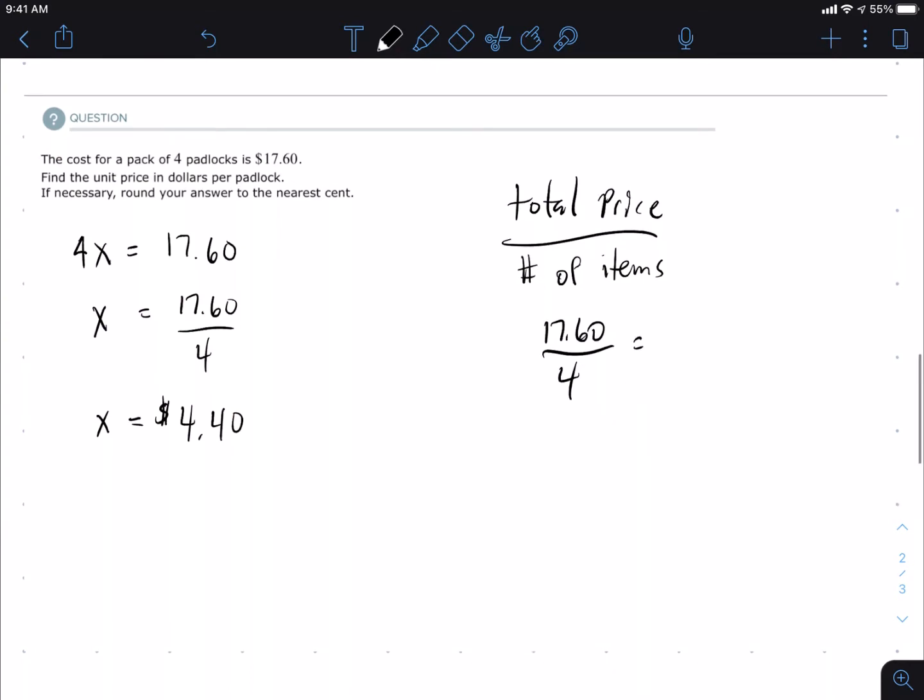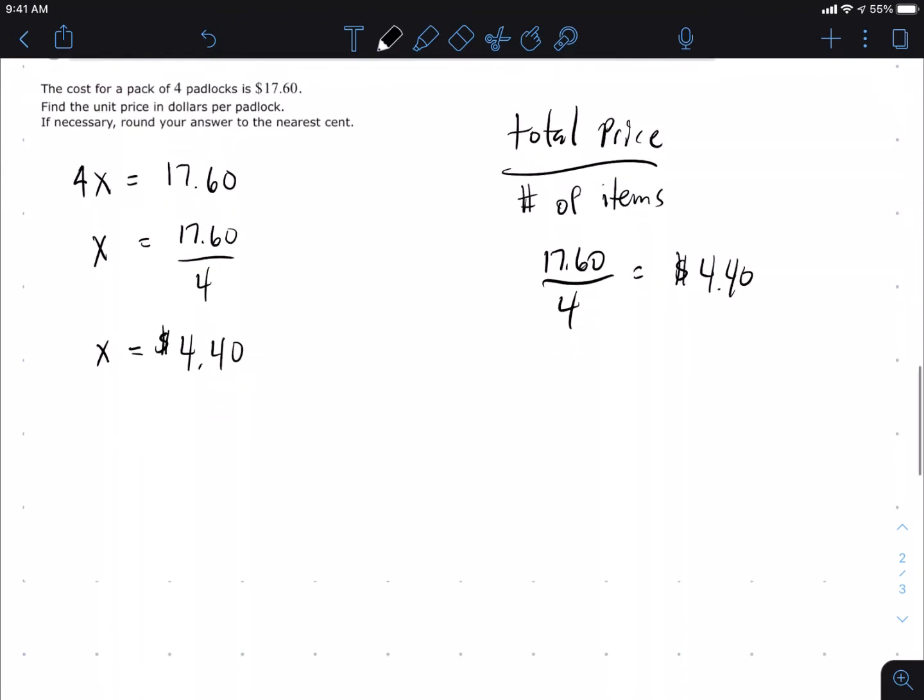In what instance would you round to the nearest cent? Oh, okay. So let's say that it was slightly off. So let's say that I had 1764 divided by 4. That's not going to go in perfectly, correct? So that right there would have been 4.41 and then 0.5.